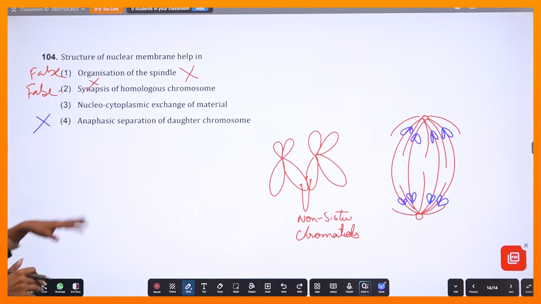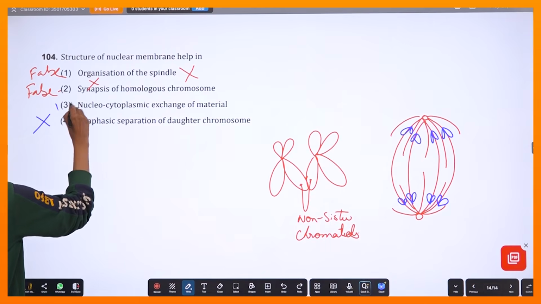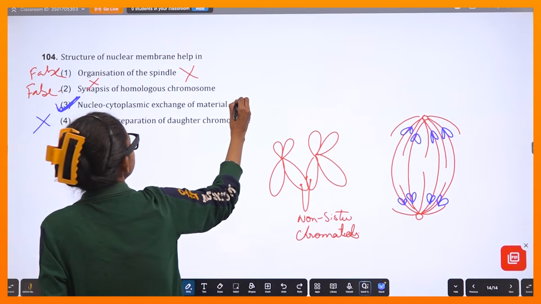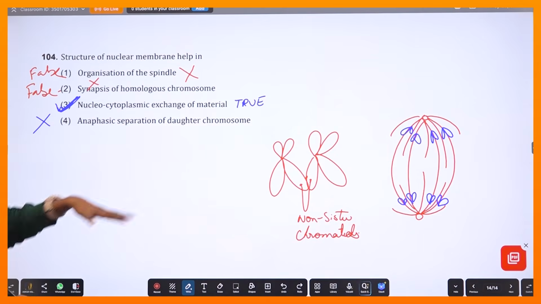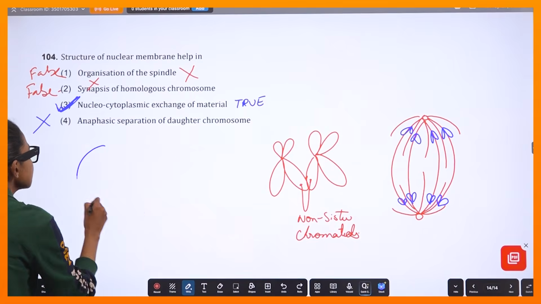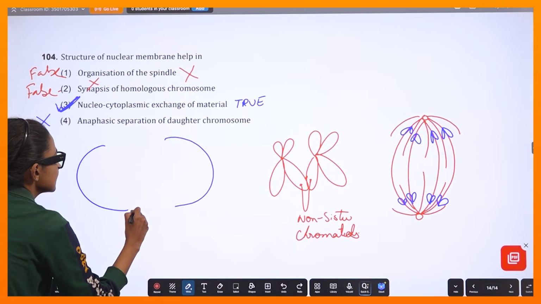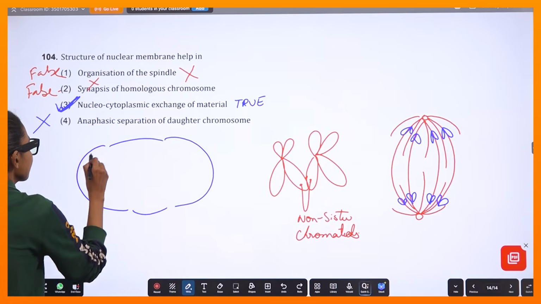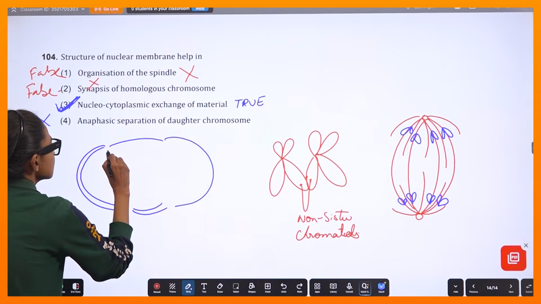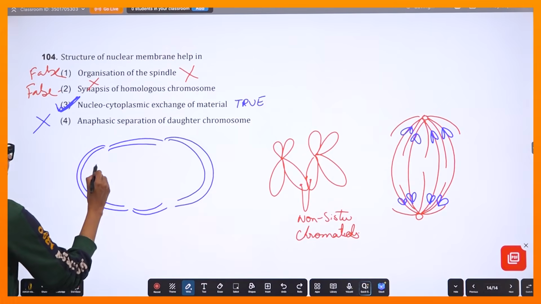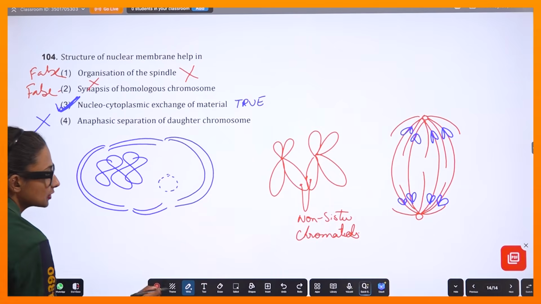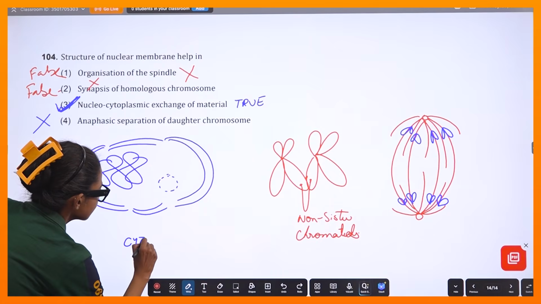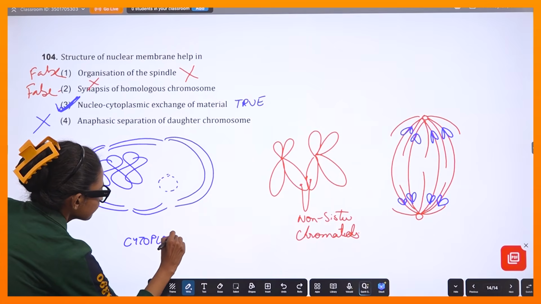Okay, now let's consider this. This is true. Nucleocytoplasmic exchange. This is how the nuclear membrane is. There is genetic material here, and you have the nucleolus, you have cytoplasm here, right?